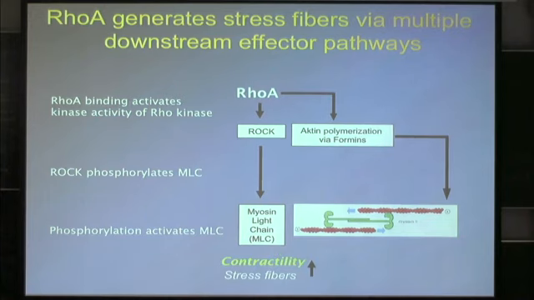That is then active and can really generate contractility of those anti-parallel filaments. Secondly, RhoA is known also to activate so-called formins. Those are a distinct group of actin nucleators, and some of them are shown to really induce actin polymerization.